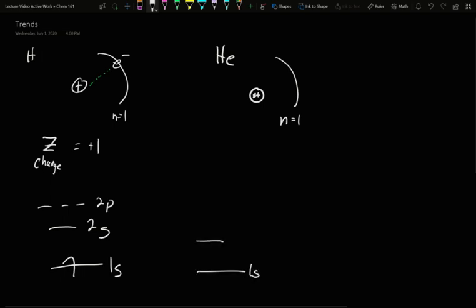Helium has 2 electrons, but they're going to go as low as possible. Remember, you can put 2 electrons per orbital, so they're both going to be down here where n equals 1. Well, they are both attracted to that nucleus. And so the charge in the nucleus is a +2.